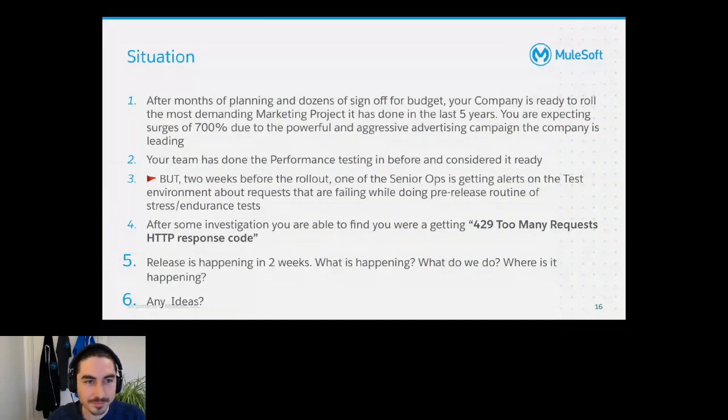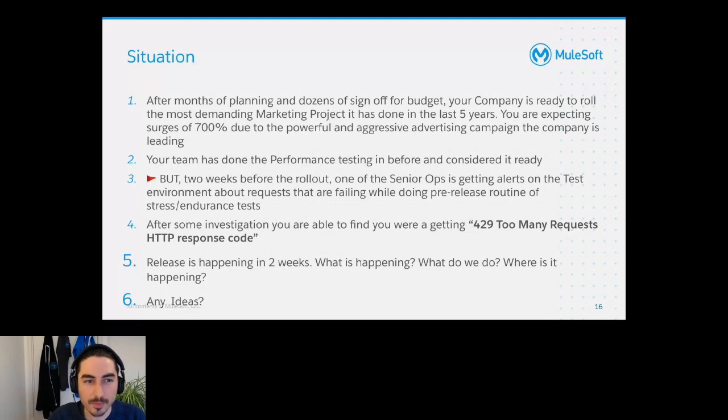That's great. But, red flag, 2 weeks before the rollout, one of your senior ops is getting alerts on the test environment about requests that are failing while doing the pre-release routine stress and endurance tests. So you're testing the endurance of these APIs, from how many hours they can go on how many transactions per second.